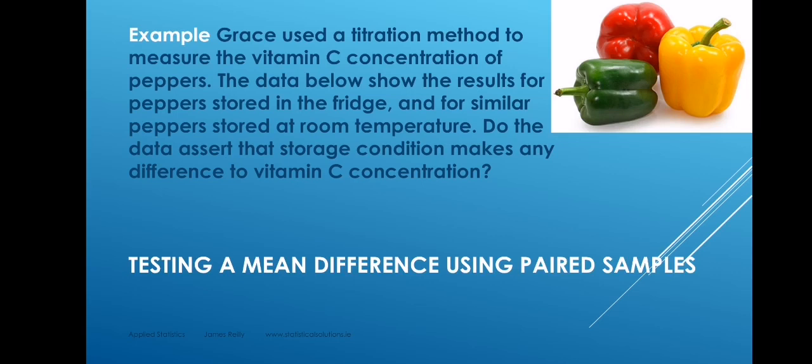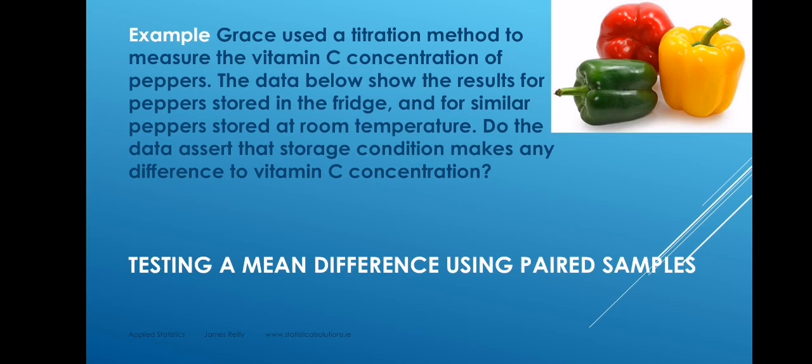Now, we don't simply take a random sample of different peppers in the fridge and then another random sample of peppers stored at room temperature, and maybe the types of peppers are different. Instead, every type of pepper that we store in the fridge, we also store at room temperature, and we'll compare them with each other. So we'll compare the green pepper stored in the fridge with the green pepper stored at room temperature, and so on. We don't use different items, we use the same items. For that reason, we call it a paired test.